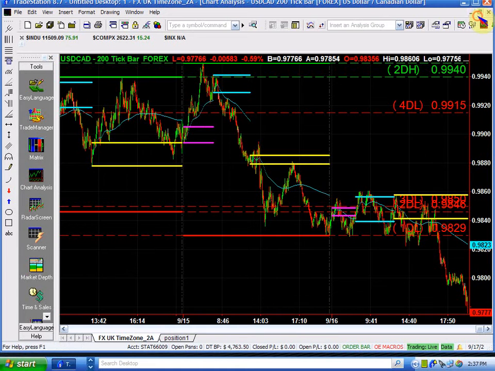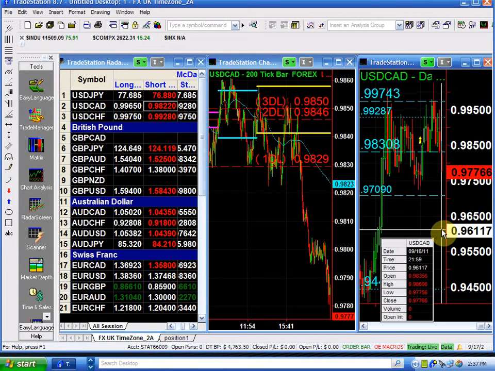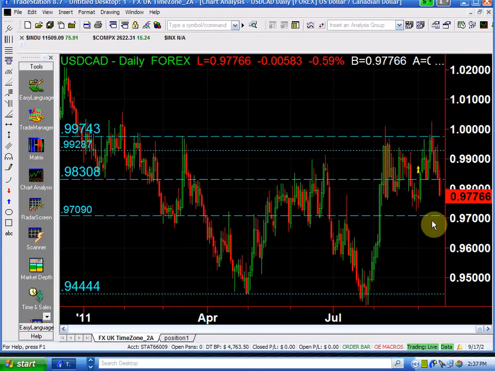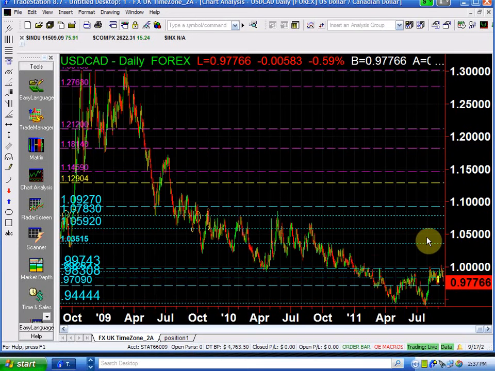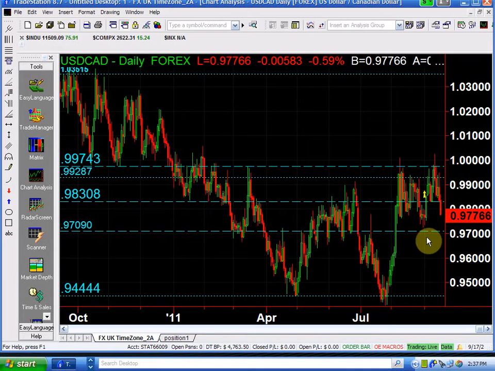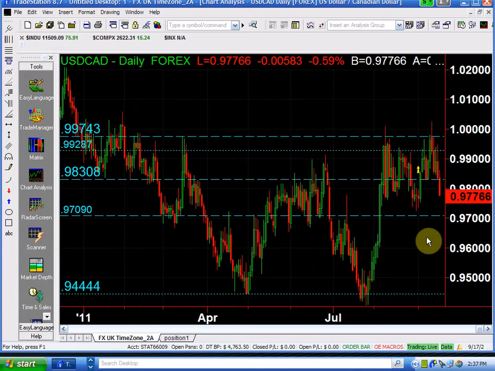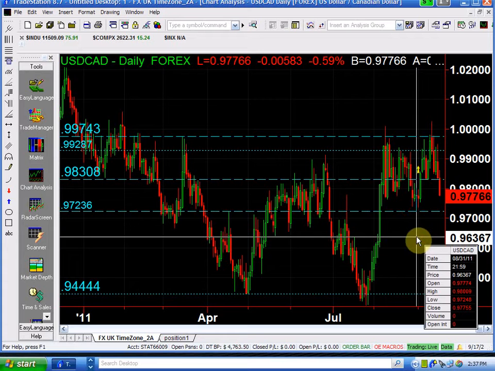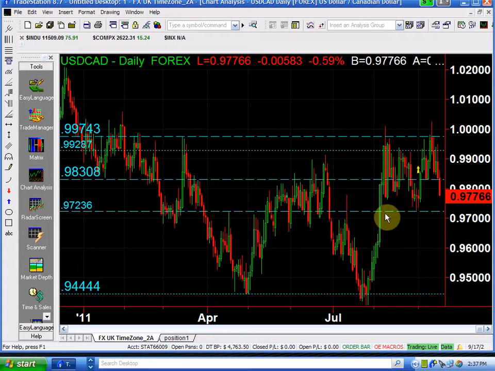So in this case, my selling point is going to be the low of the day, which is 97.56, and my next significant point is going to be actually this one here, which is 97.24.